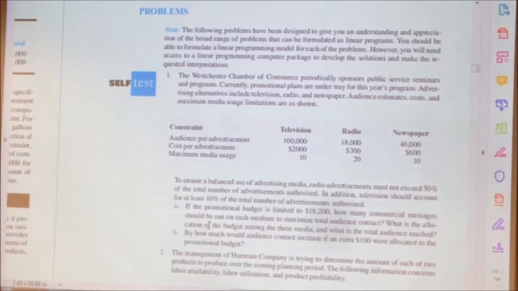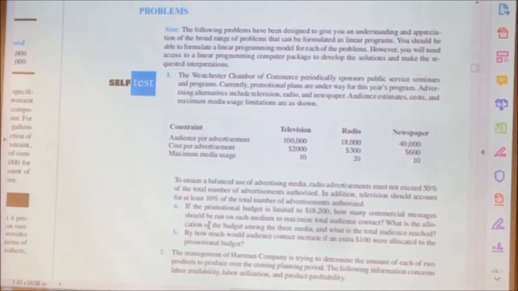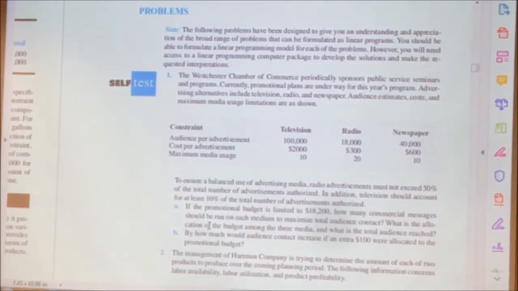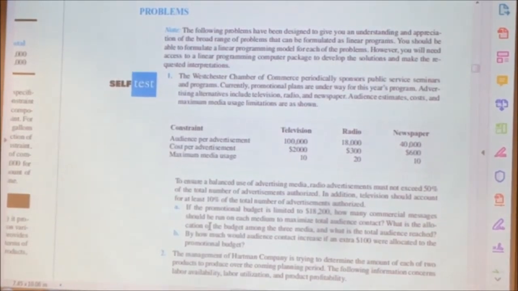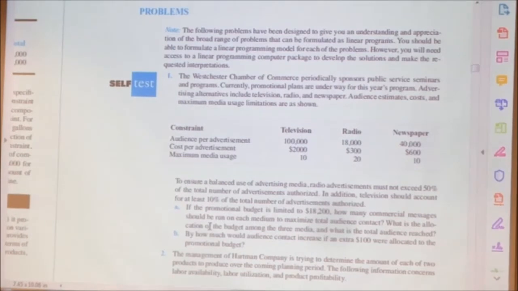The first words say, radio advertisements. What variable represents radio advertisements? R. Then it says, must not exceed: less than or equal, greater than or equal, or equal? There we go, just like it reads. 50% of the total number of ads. 50% of total number of ads. 0.5. 0.5 times what?